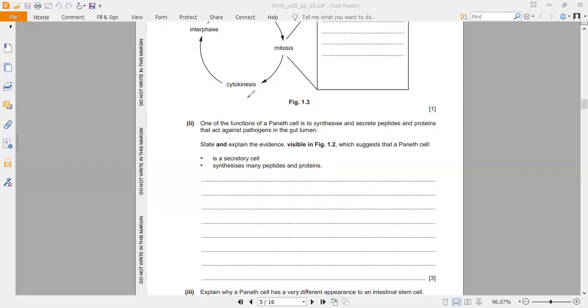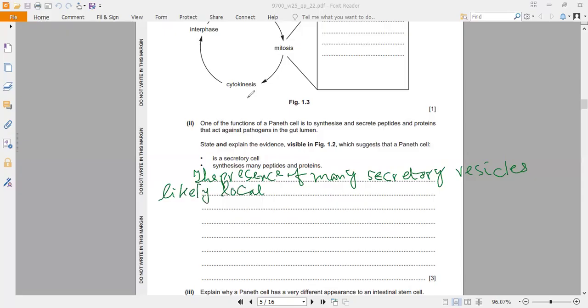So we can write all this, how it takes place. First of all, the statement: the presence of many secretory vesicles likely located near the apical surface. So this is the statement.